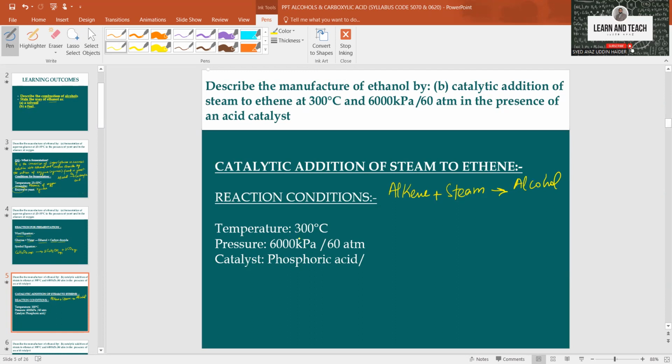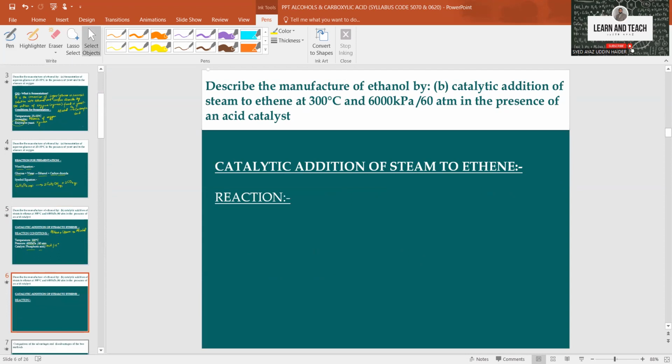Now, the temperature is 300 degrees centigrade and pressure is 6,000 kilopascal or 60 atm. The catalyst uses phosphoric acid. If you don't remember the name of the acid catalyst, you can simply write acid, or you can even write H positive. Because acid provides H positive ion, which will act as catalyst in this reaction.